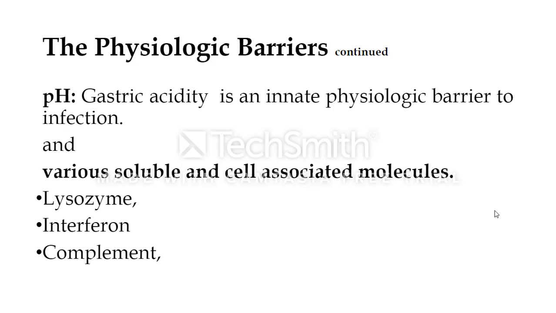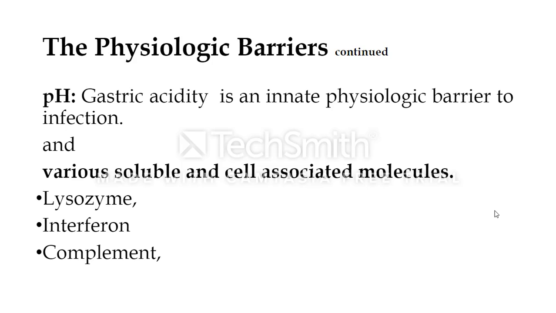A variety of specific and non-specific immunological mechanisms can convert these inactive forms of complement proteins into an active state. So in the body, these complement proteins are inactive serum proteins, and in order to get converted into an active state, they require specific or non-specific immunological mechanisms.